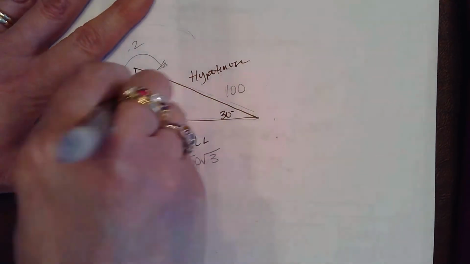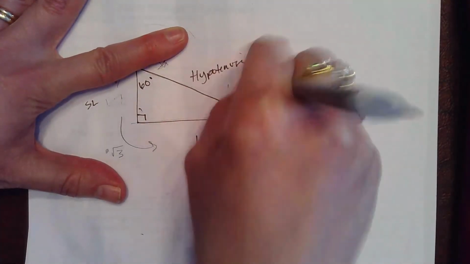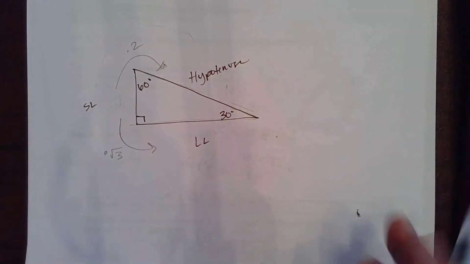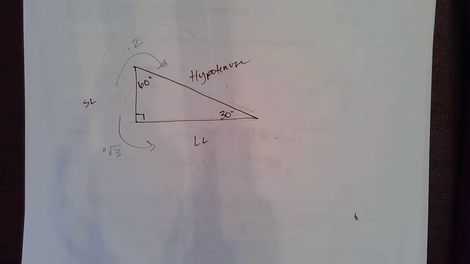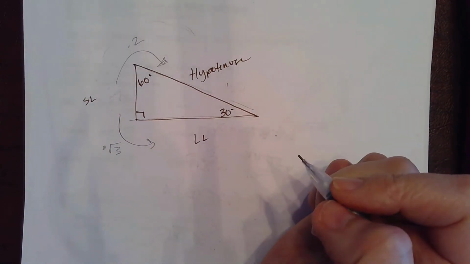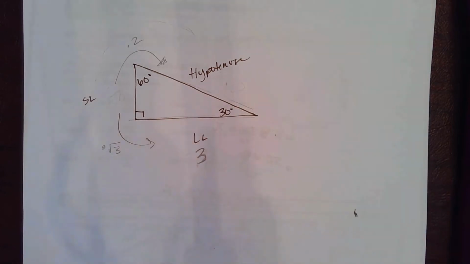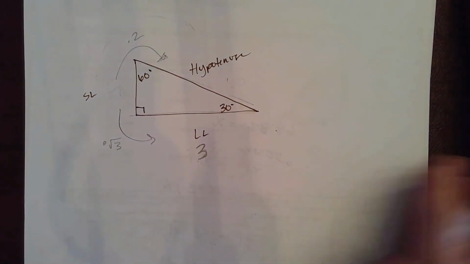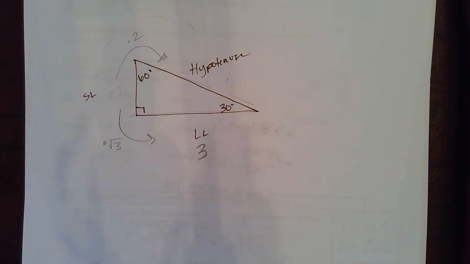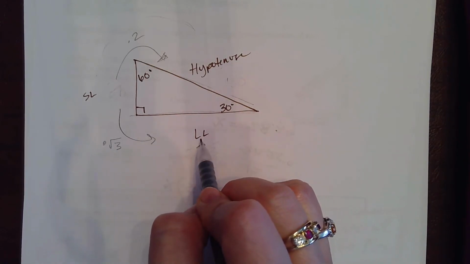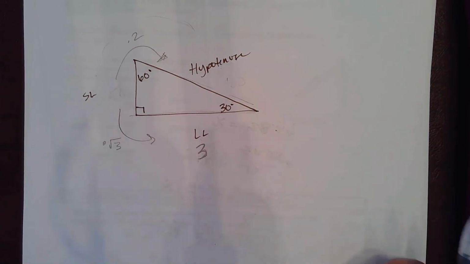All right, let me give you the last scenario. This one is where we are given the long leg. Let's do 3. We're going to use some radicals here, and that's why we're going to be doing some practice with this. If we're going from long leg, the only relationship we know is from long leg back to short leg.